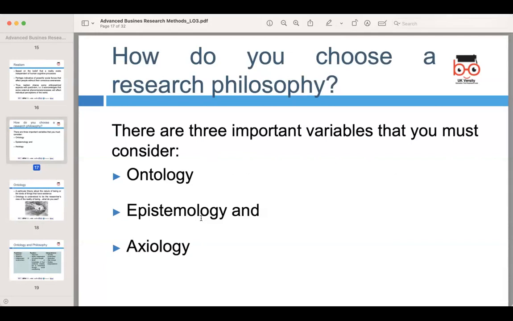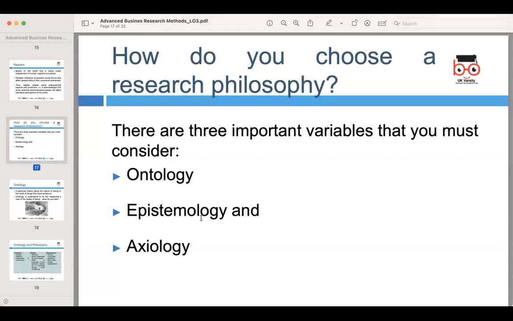When selecting a research philosophy, you should consider whether you believe in objective truths that can be discovered through scientific methods, or if you think knowledge is more subjective and influenced by personal perspectives and social contexts.